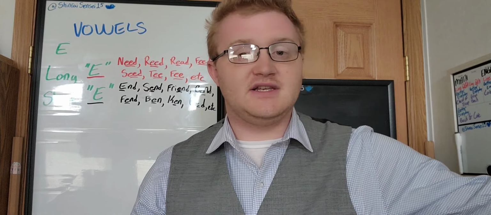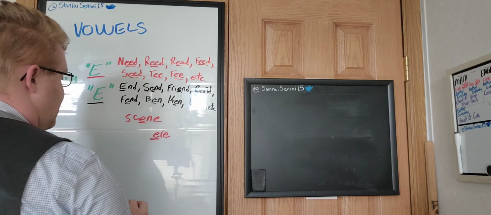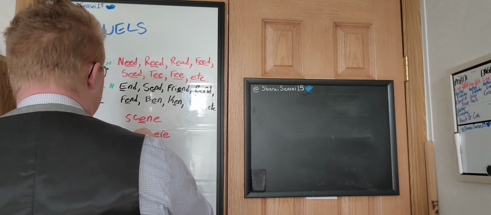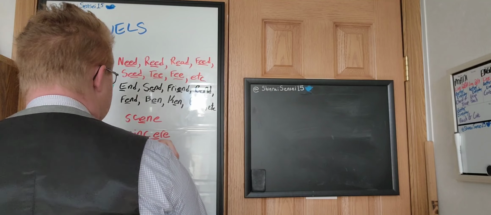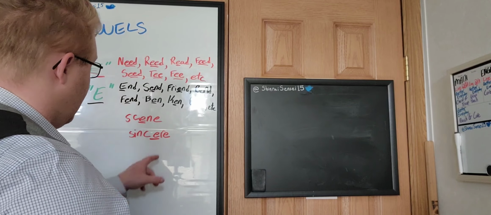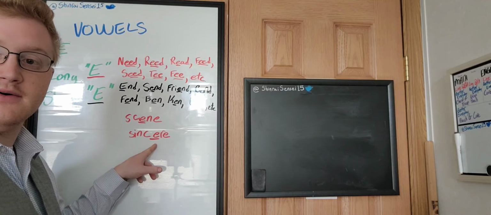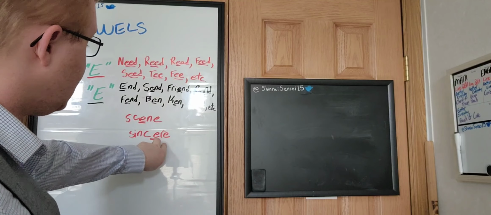Or E-R-E, that will still sound long. So in this case, let's say seen, like in a movie, or in this case, it would be sincere. That E is still long, even though the two E's are not right next to each other.